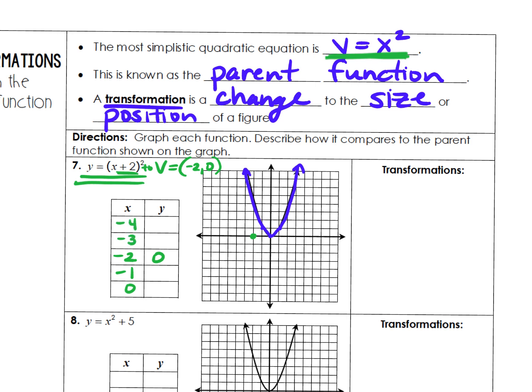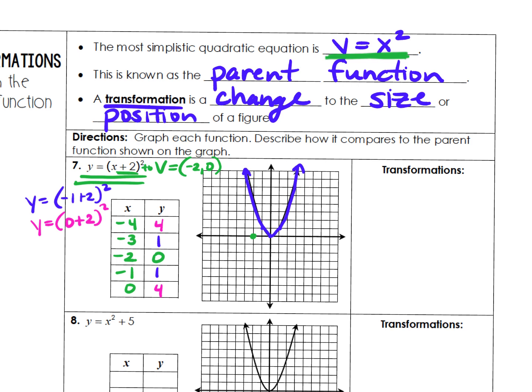If I plug in -1, it's y equals (-1 plus 2) squared. So 1 squared is 1. That means that one's a 1 also. If I plug in a 0, y equals (0 plus 2) squared. 2 squared is 4. That means this one is a 4 also.